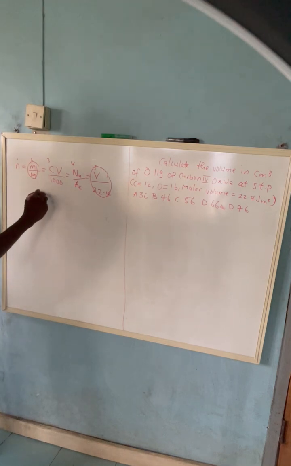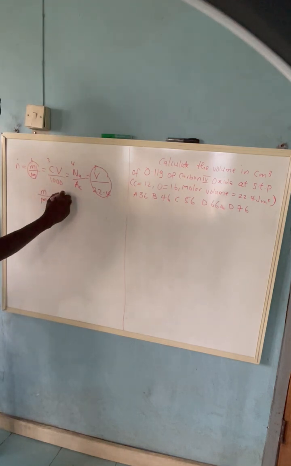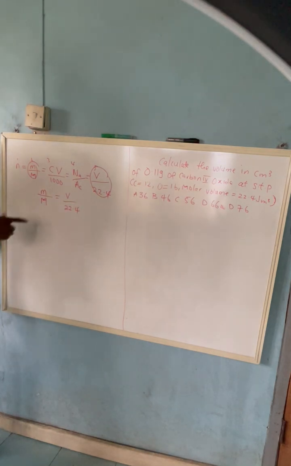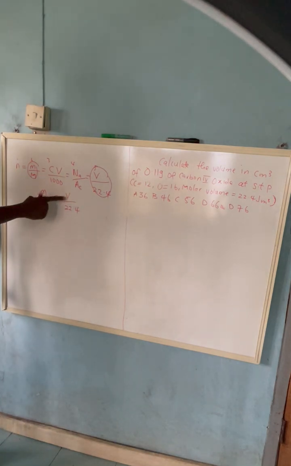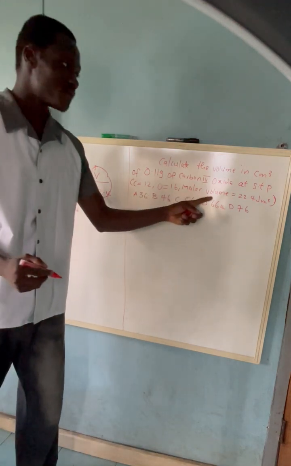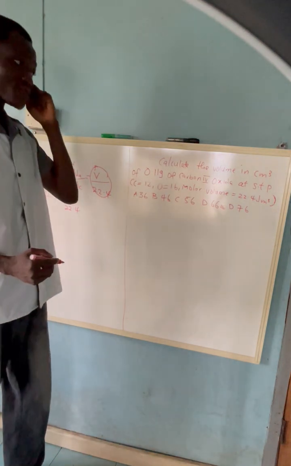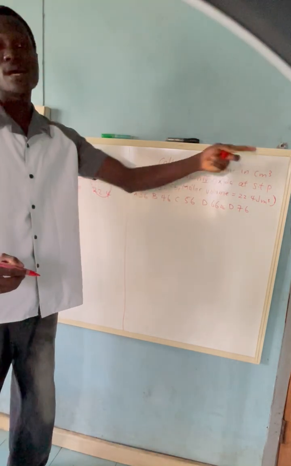We are going to have m over molar mass is equal to volume over 22.4. This volume here is in dm cube, because if you notice in this question, they say molar volume is 22.4 dm cube. But the question was saying calculate the volume in cm cube.